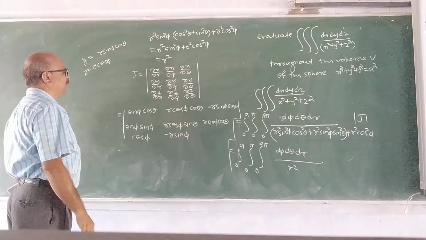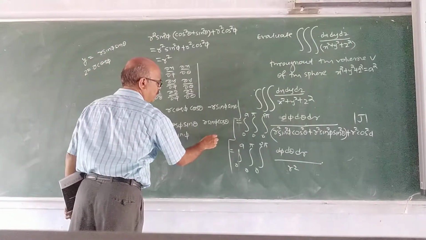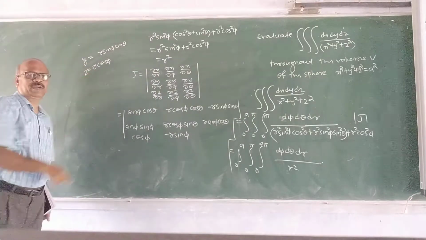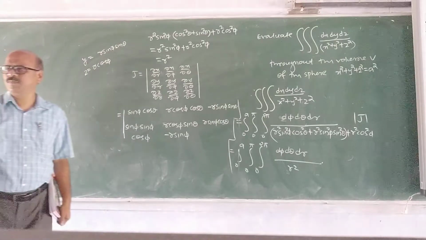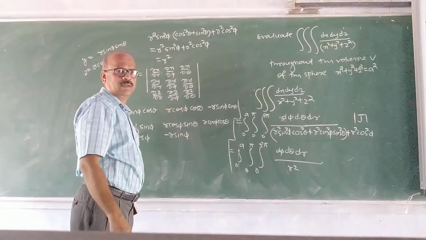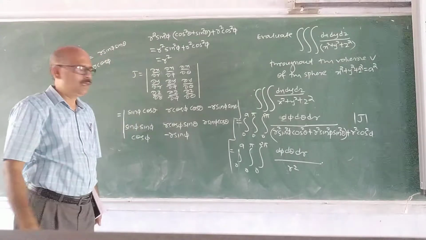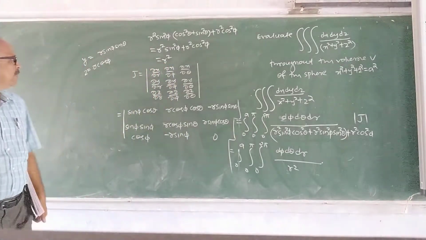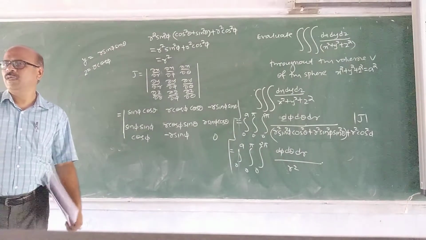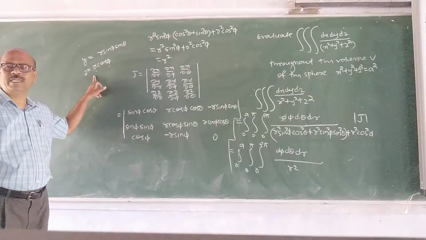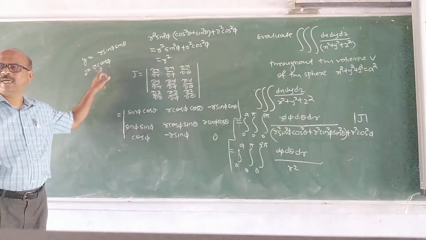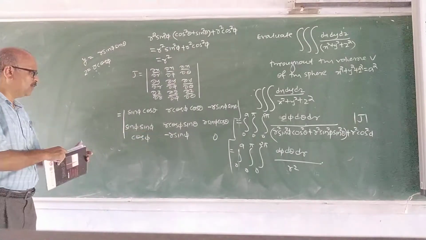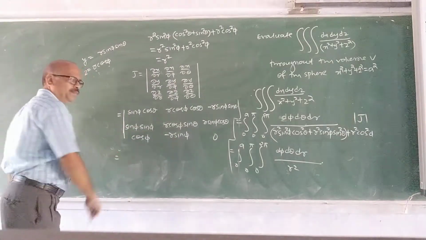What is del z by del theta? Del z by del theta is 0, because there is no variable theta here. Both r and phi are constant while differentiating with respect to theta. What is the derivative of a constant? 0.